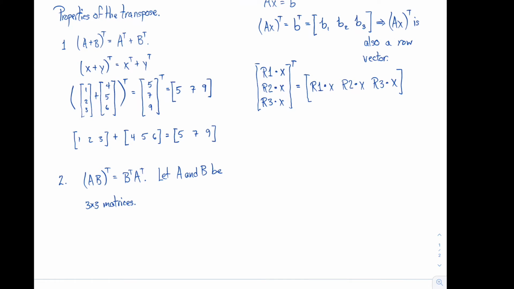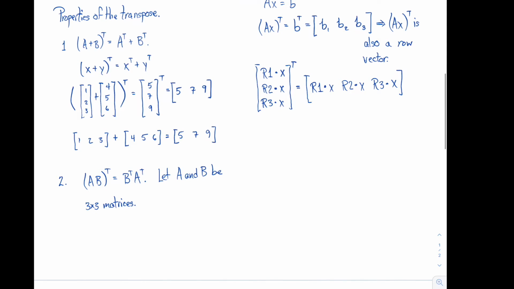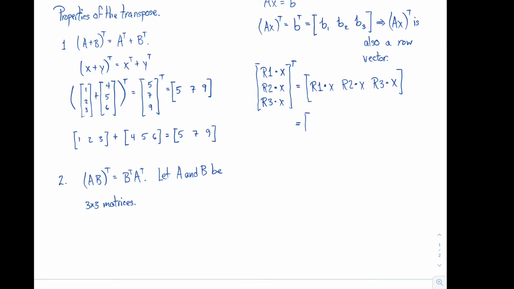Notice that X is affecting row 1. It's also affecting row 2, and it's affecting row 3. So X is operating on every single part of each row. I'm going to just reorder this. The dot product doesn't care about the order. It's the same as X dotted with row 1, X dotted with row 2, and also X dotted with row 3.